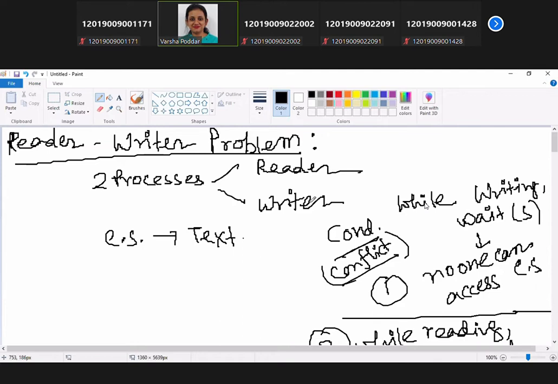But if I am reading and someone else is asking for write, then that is strictly not allowed. Right? I hope you have understood the condition. Have you understood the condition? Yes, no, anything? Right? Now let us start the initialization.